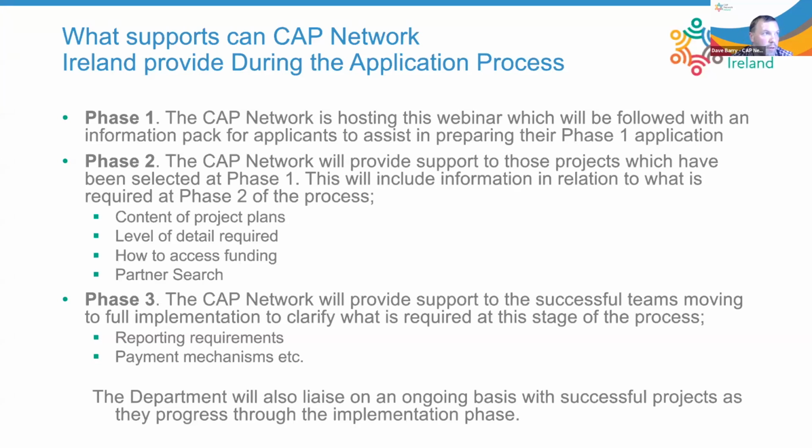Hopefully those who are successful with their phase one application will need further information, and CAP Network will be able to offer assistance with the content and the project plans, the level of detail that's required, and then how to access funding. The Department of Agriculture will potentially be able to release funding for the further stages of the application. And then as we go further down the line, there are reporting requirements and the payment mechanisms that are required.